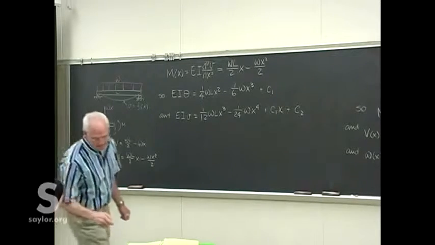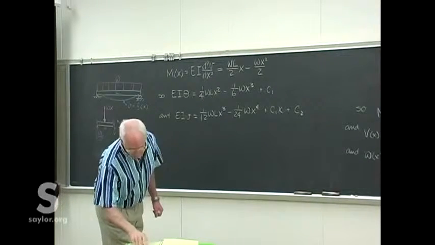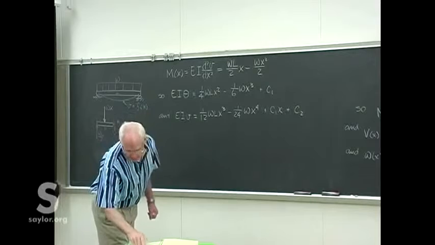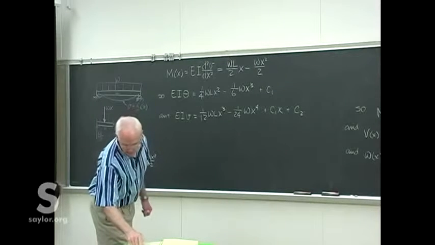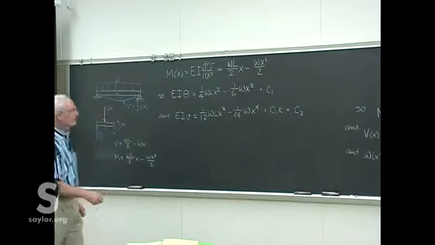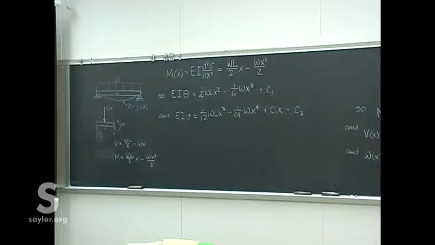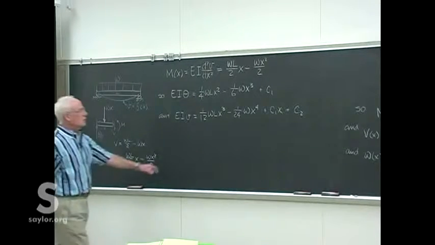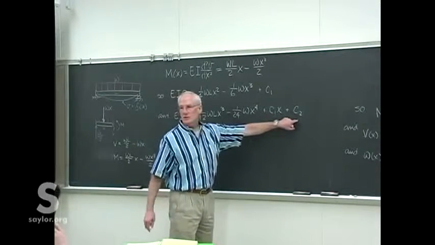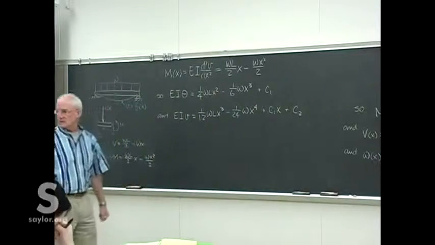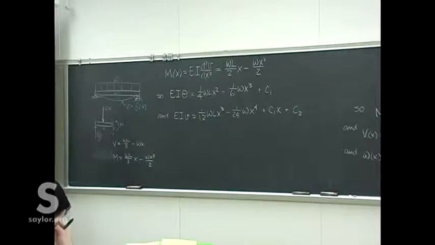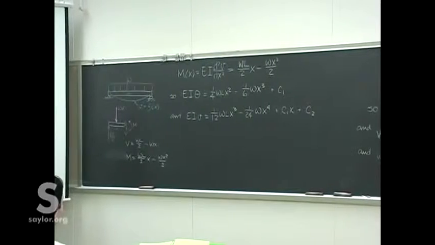That look all right? 1/12 WLX cubed minus 1/24 WX to the fourth, yeah. Okay. We've got two constants of integration. We need two boundary conditions. What are they? 0 and 0.